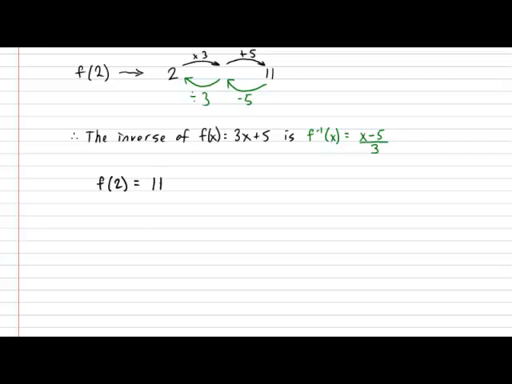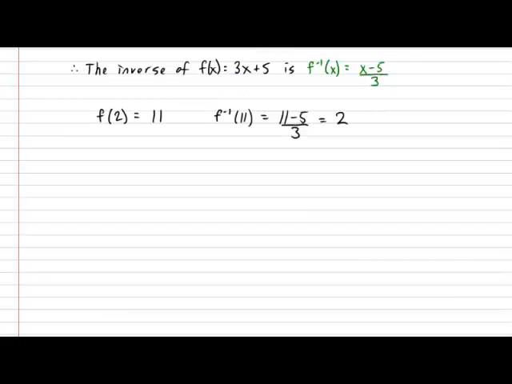Now, if you were to take that 11 and plug it into the inverse of function f, f inverse of 11, it should give back 2. Which it does. 11 minus 5 divided by 3 is equal to 2. Here's more evidence that the inverse of a function is quite literally the reversal of all the steps.